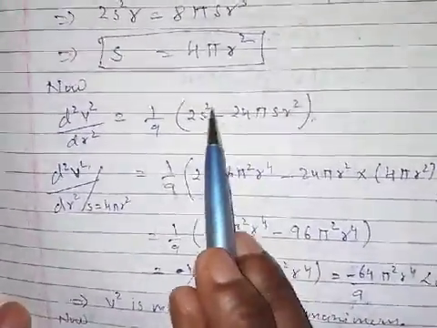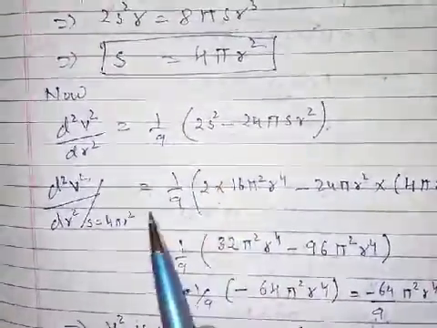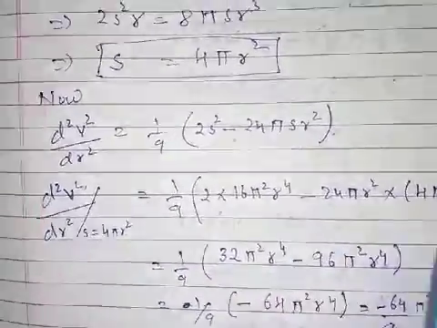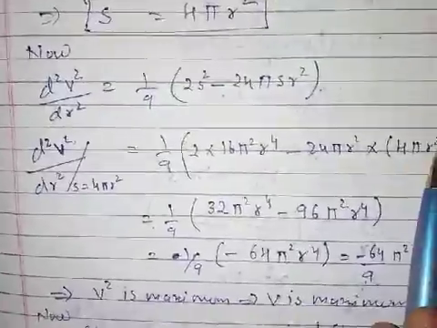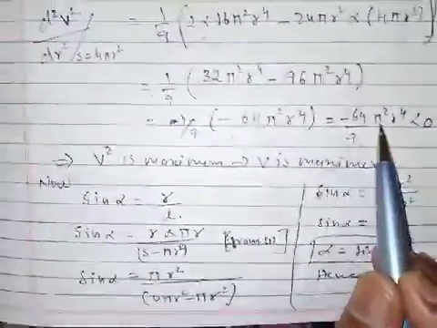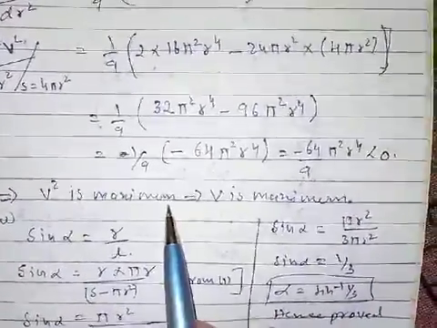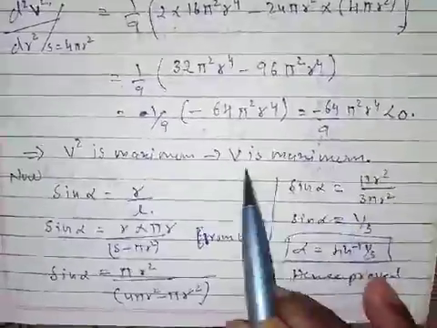Here S square, so we substitute 16 pi square R raised to 4 and S here 4 pi R square. If you simplify it, you will get minus 64 upon 9 pi square R square less than 0. So V square is maximum, which implies V is maximum, so we prove that.